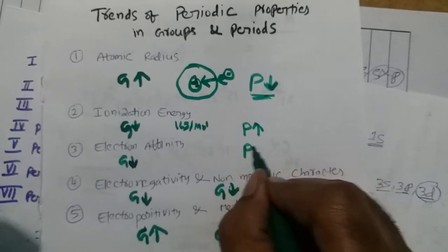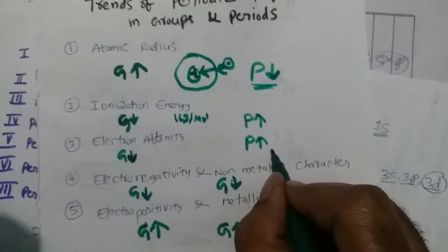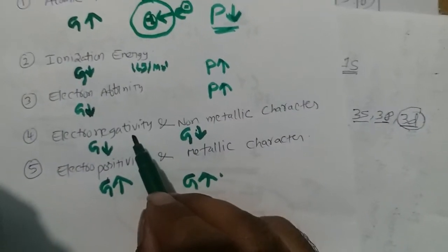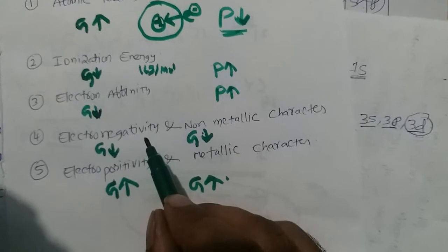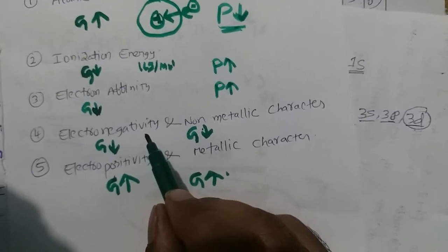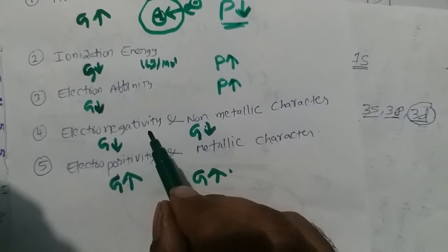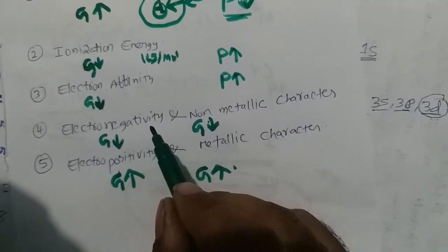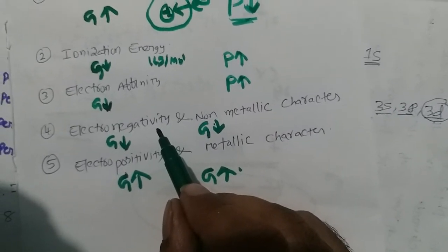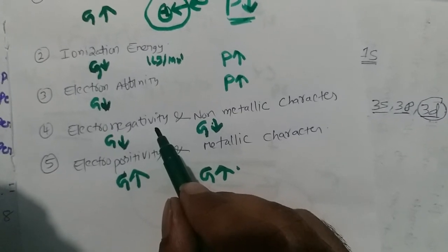Electron affinity also increases in periods. Coming to electronegativity: as size decreases, the nucleus is attracting electrons, whether present in the outermost shell or newly coming electrons, in a vigorous way.